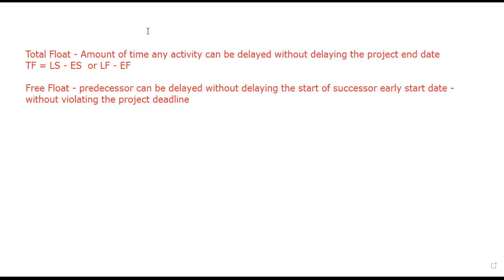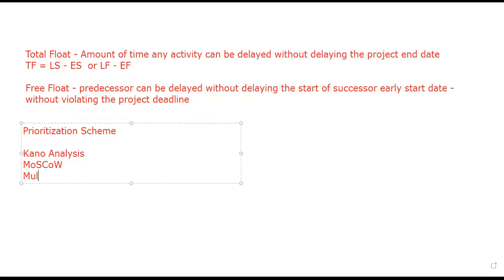That was the procedure. In Agile, when we are doing the sequencing, we actually call it prioritization, for the requirements and also for the sequencing. So we have many prioritization schemes, like Kano analysis. We have MoSCoW, which is must have, should have, could have, won't have, or multi-voting. These types of things help with the prioritization scheme.